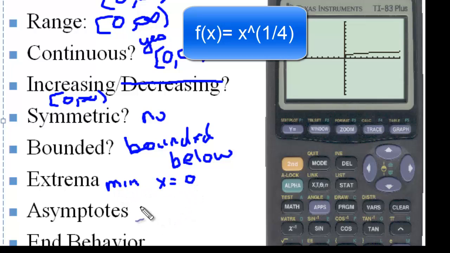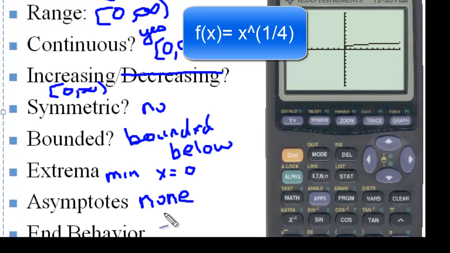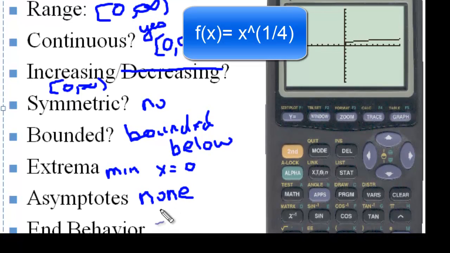There are no asymptotes, horizontal or vertical. And the end behavior, we're going to write this, the limit as x approaches infinity, as x gets bigger and bigger, of the function, the fourth root of x, as x approaches infinity, the y will get closer and closer to infinity.